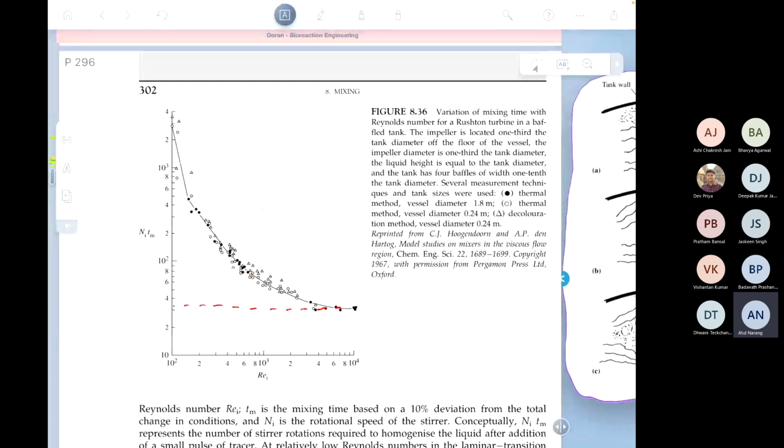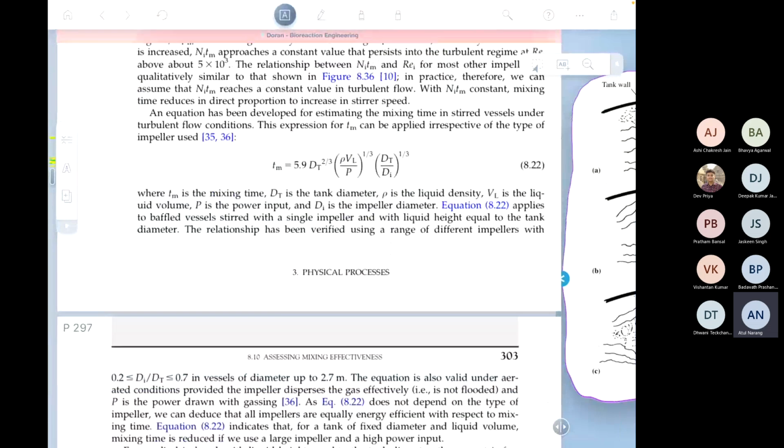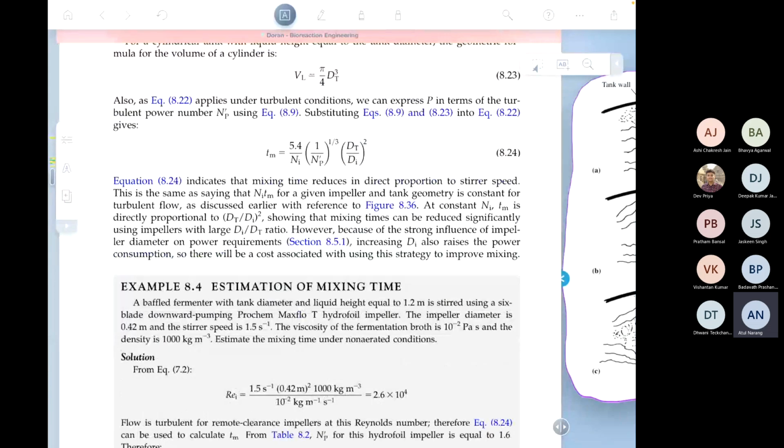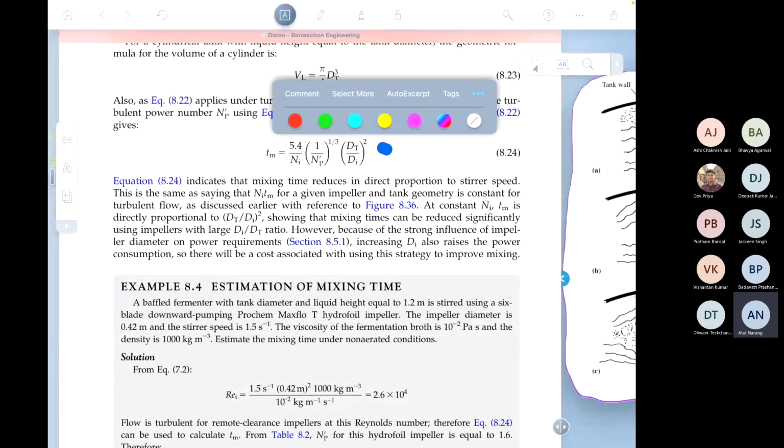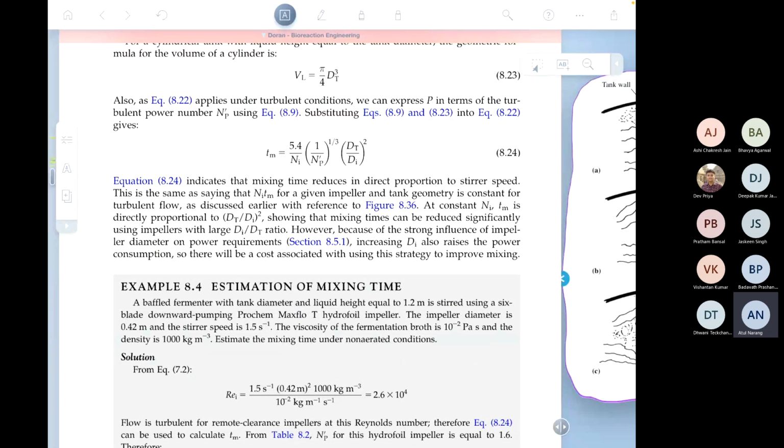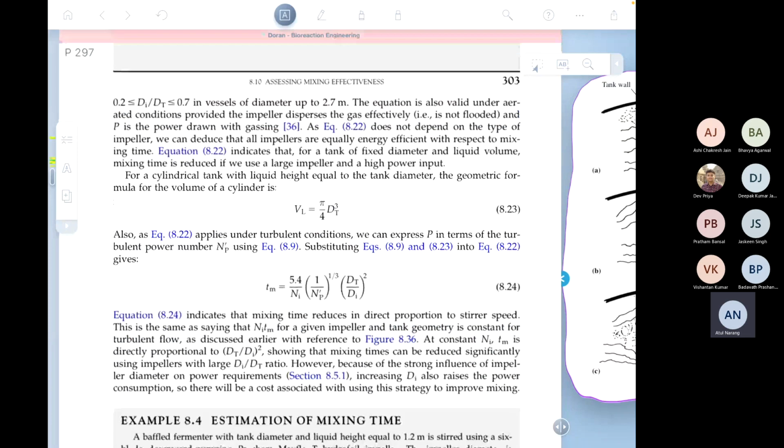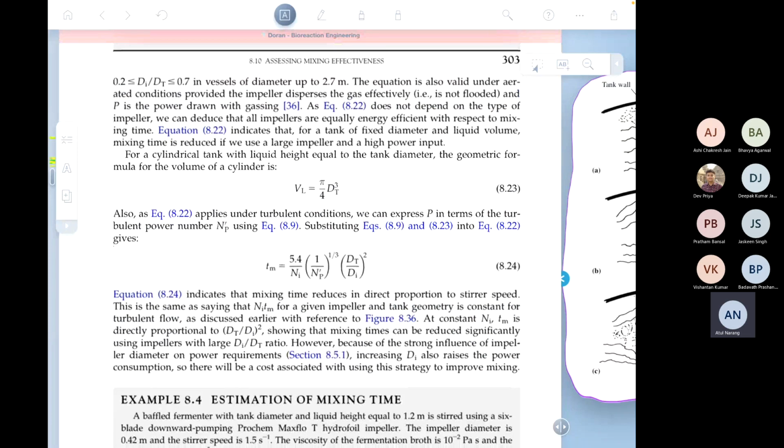So this is consistent with the picture in the book, which is shown over here. If you compare this formula with the formula we have derived, you can see that it is more or less consistent. It depends only on NP prime. If you move NI to the left hand side, you get NI times Tm equals 5.41 over NP prime to the power 1 over 3.